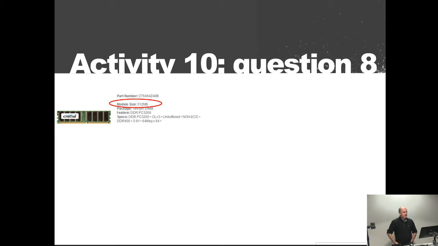So here, for example, is a RAM memory that you could have chosen. The size of that memory is 512 megabytes.